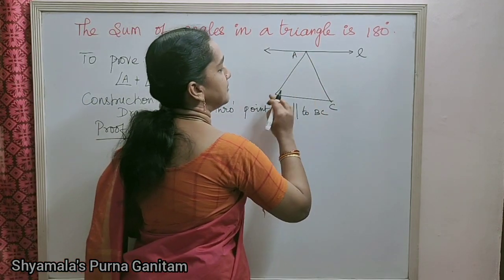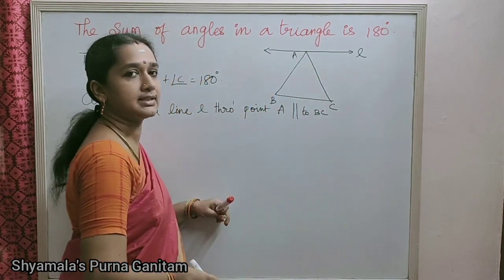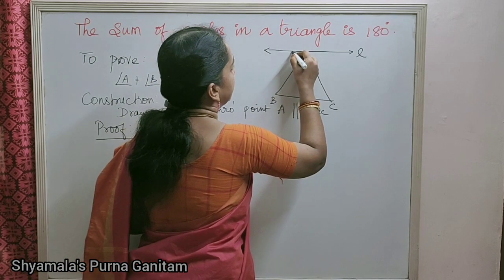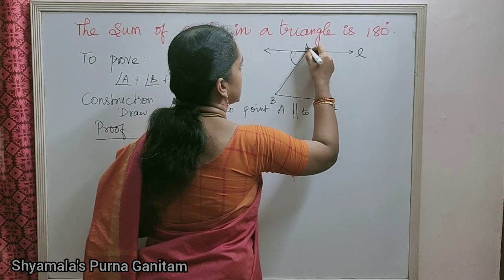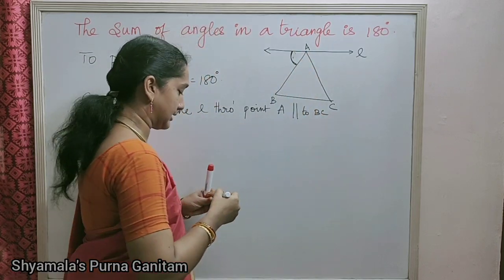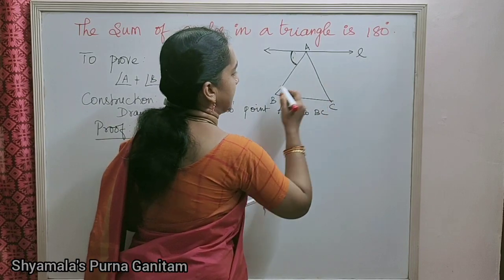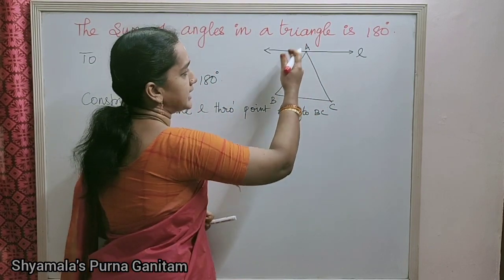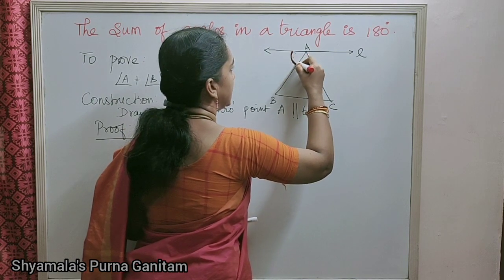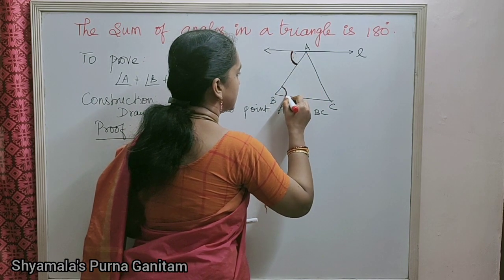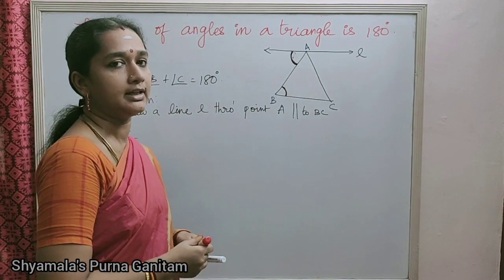Since this line and BC are parallel and I am taking AB as transversal, I will be getting alternate angles. If you take L and BC as parallel lines and AB as transversal, I will get alternate interior angles. Since it is parallel, alternate interior angles are equal.